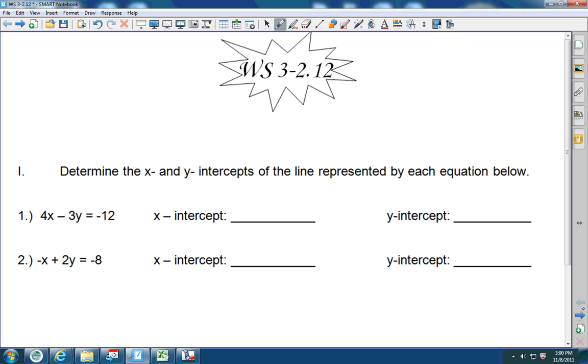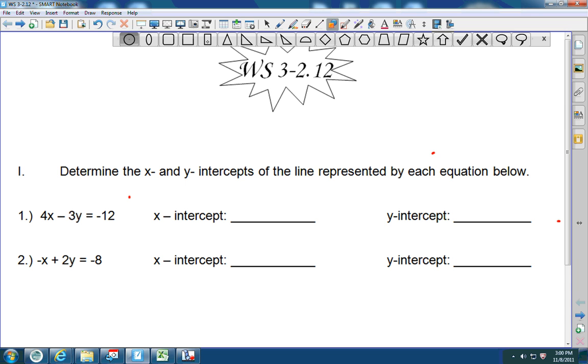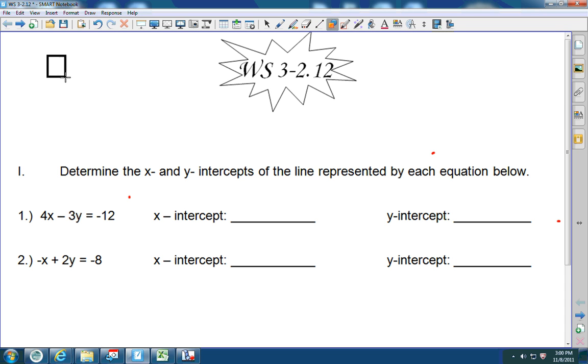Okay. This one now makes more sense, doesn't it? This one says determine the x and y intercepts presented in each equation. Well, one of the ways we can do this is to do the cover-up method.